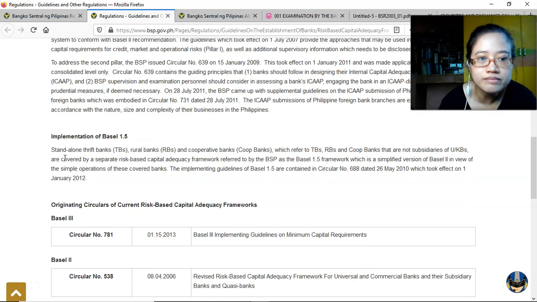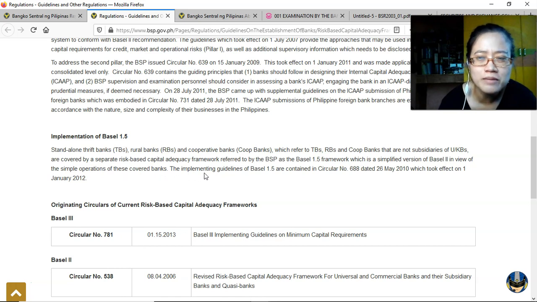Okay? Implementation of Basel 1.5: standalone thrift banks, rural banks, and cooperative banks, which refer to TBs, RBs, and co-op banks, that are not subsidiaries of universal and commercial banks, are covered by a separate risk-based capital adequacy framework. So there are different issuances for them, which is a simplified version of Basel II in view of the simple operations of these covered banks.